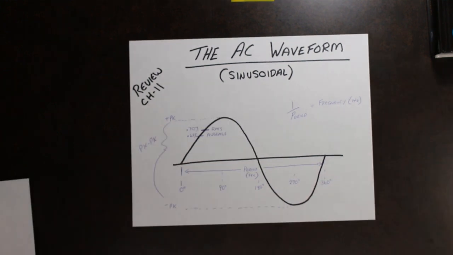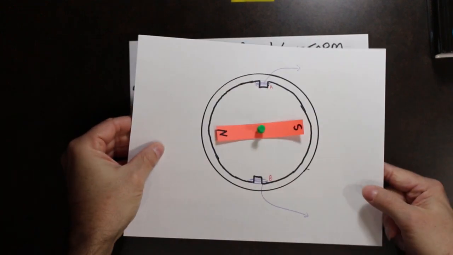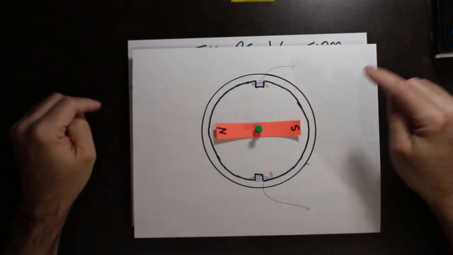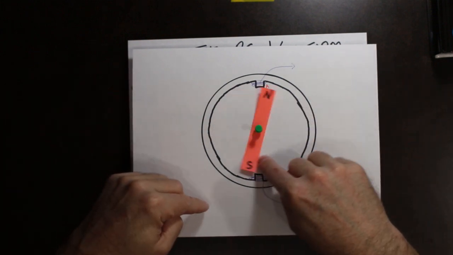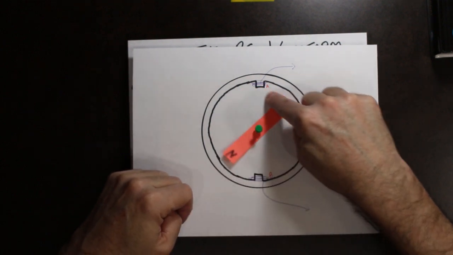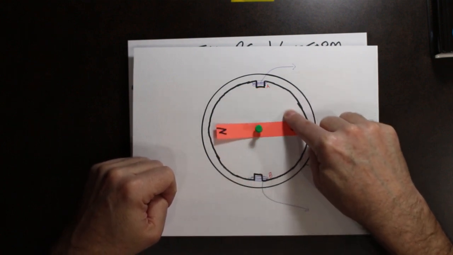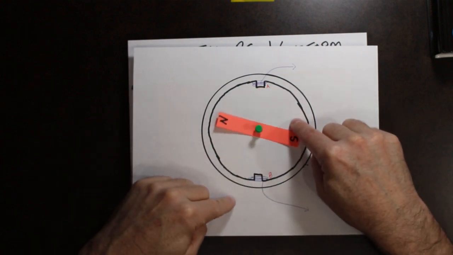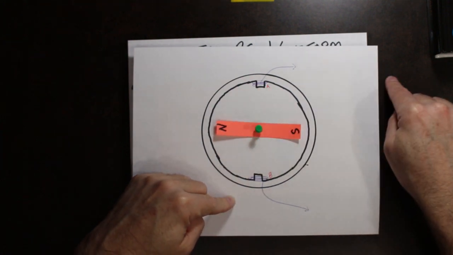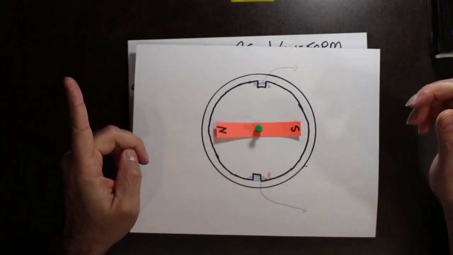All right, we're going to bring back this generator. There's our generator. Now Superman comes in and he's going to spin the generator. It takes a certain amount of time for Superman to spin the generator around and around. So how much time does it take for the generator to move 360 degrees? So for one rotation, how much time does it take?